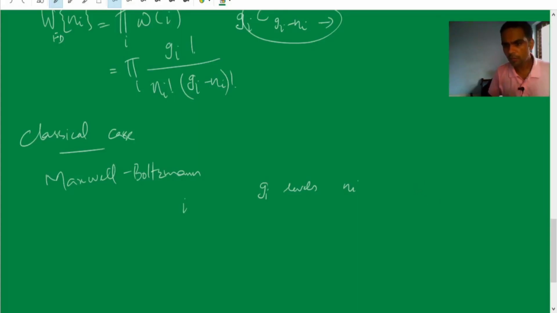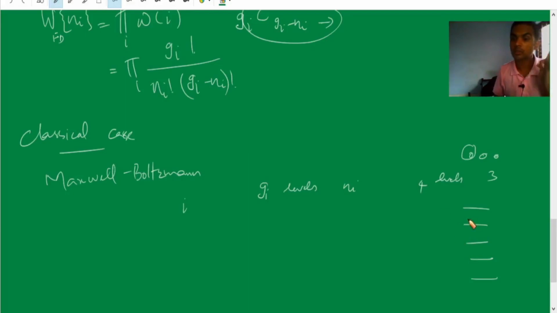I have 4 levels and 3 particles, which can be distributed in 4 levels: 1, 2, 3, 4. If I take one particle, how many different possibilities are there? I have a total of 4 options. I can put it in the first, second, third, or fourth. So the total number of ways is 4.